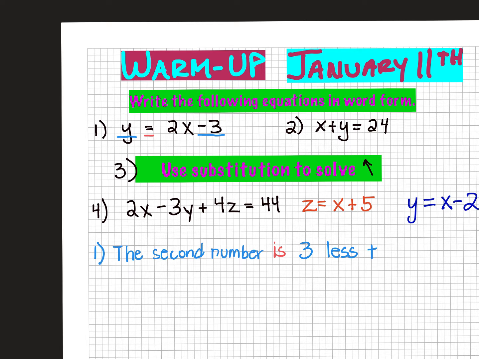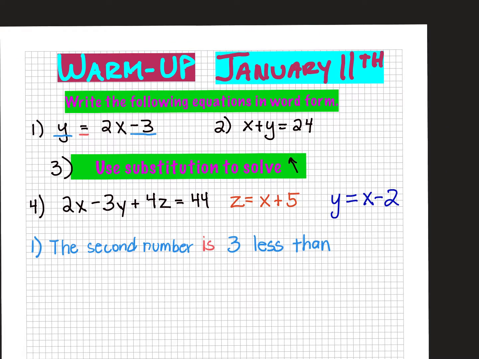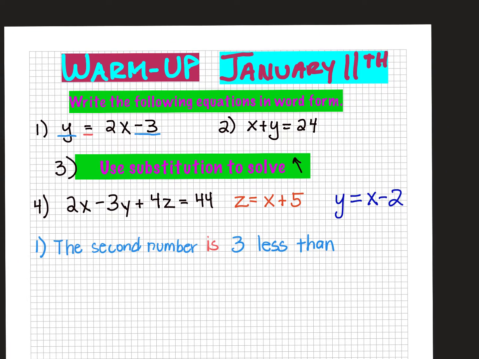That means minus 3, and that's where the minus 3 comes from. And then we have to say this 2x term, which is 3 less than twice, that means 2 times, twice the first number. So usually I call y the second number and x the first number. So we could say the second number is 3 less than twice the first number.